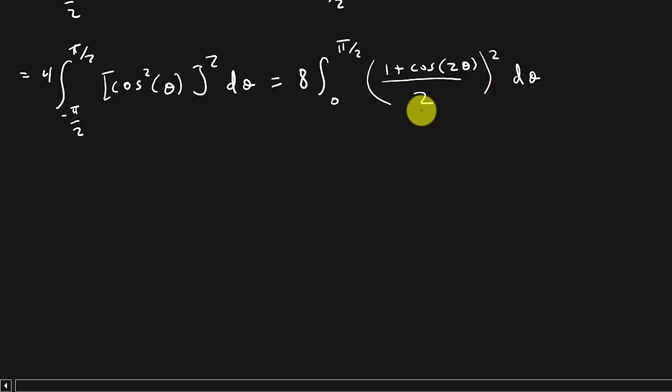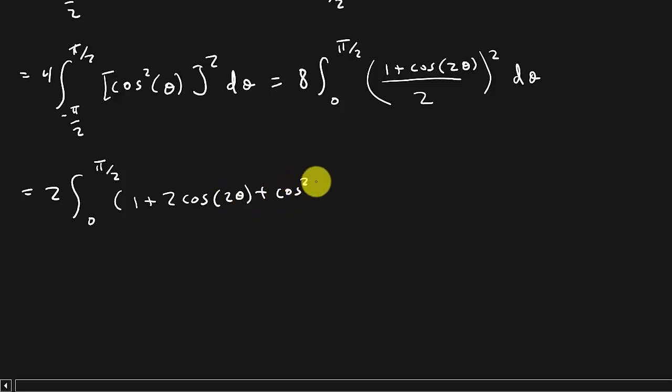And so the 2 squared, that's 4, right? And if I bring that 1/4 out here, 8 over 4, that's going to leave me with 2, from 0 to pi over 2. And then if I multiply 1 plus cosine 2 theta times 1 plus cosine 2 theta, that is going to give me 1 plus 2 cosine 2 theta plus cosine squared 2 theta d theta.